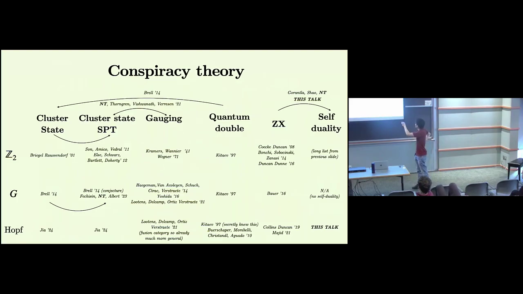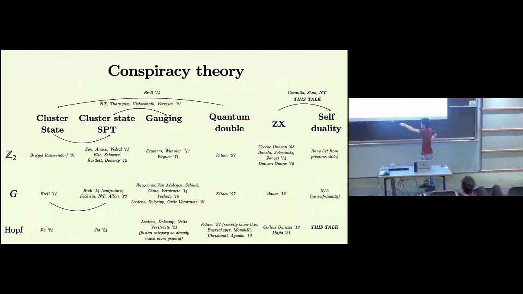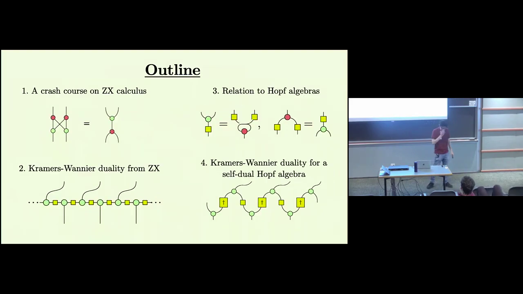And recently, with Shu-Heng and Pranay, we've pointed out that ZX can be used to understand self-dualities. And that is all from the Z2 case, but what I want to do today is try to generalize all of this to Hopf algebras. And of course, people have recently generalized cluster states to Hopf algebras. So all of these have been developed in parallel, but I guess now is a good time to put everything together.